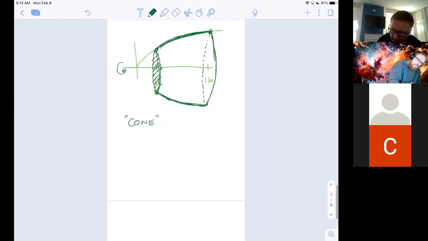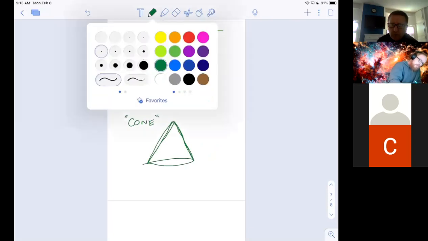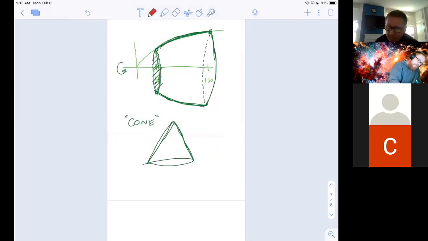If I was to turn it sideways, a cone looks like this, except for what's different about what we have here. What's different? Well, the top's cut off, so that's gone. What else is different? The sides. It's rounded. Yeah, it's round. You see what I'm saying?